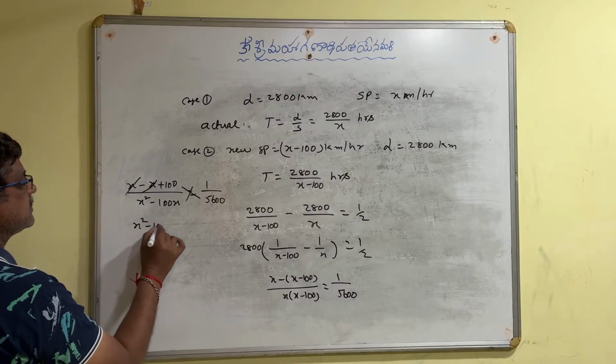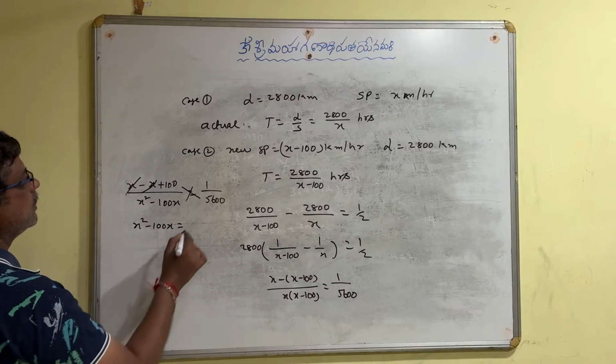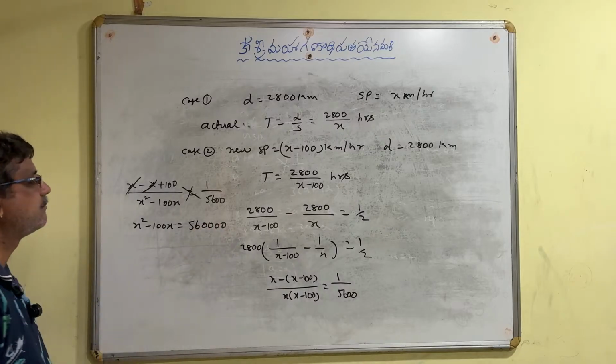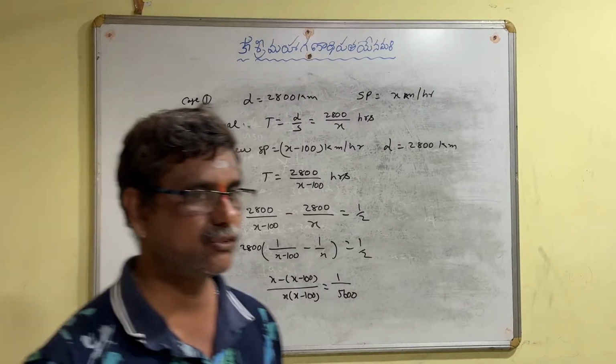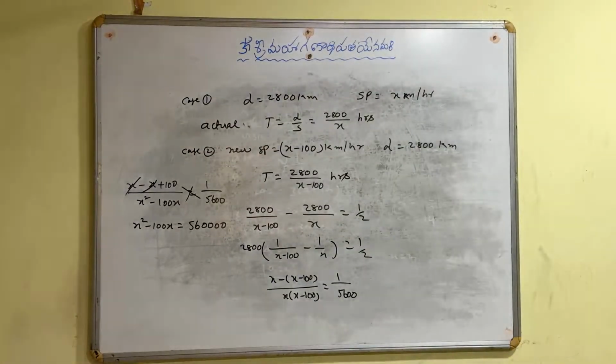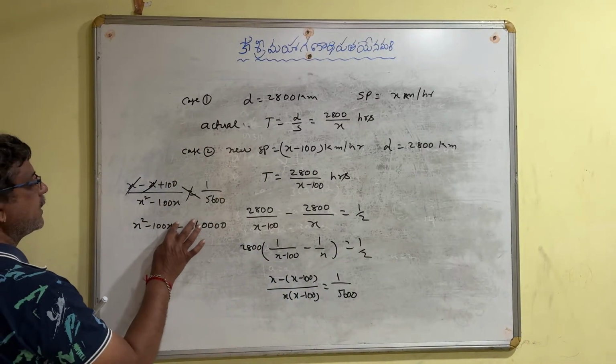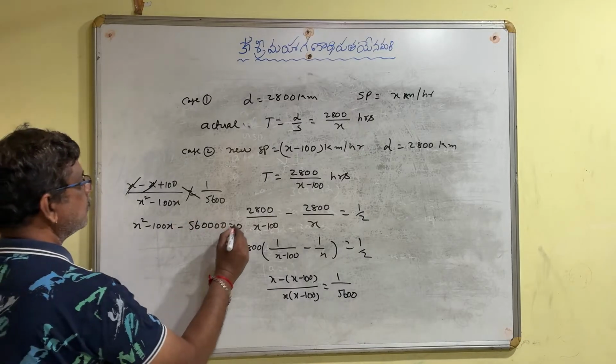x square minus 100x is equal to 56 with 4 zeros. Okay? Now keep minus over here, is equal to 0.